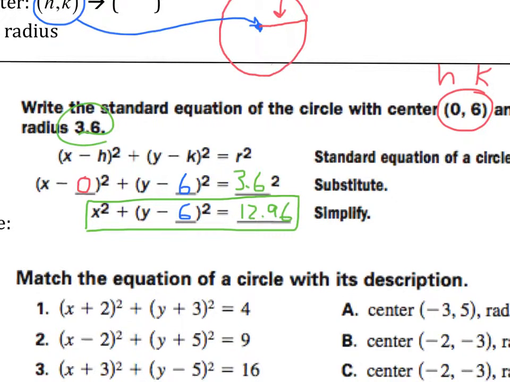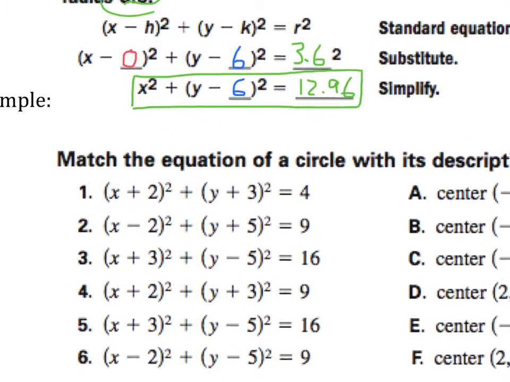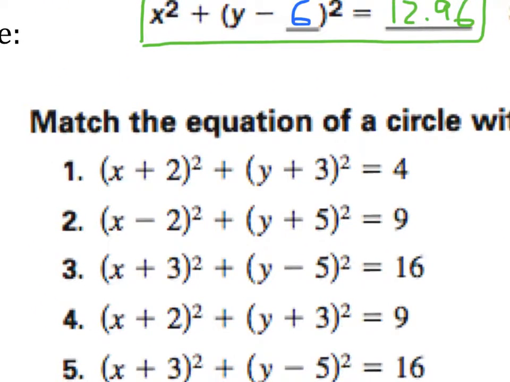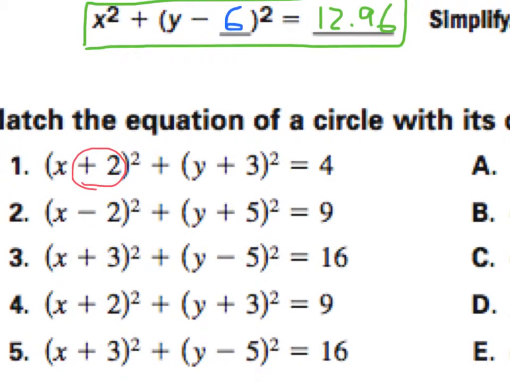So looking at number 1 down below, we want to match the equation of the circle. But notice here, remember the shortcut. We take the opposite of what I see inside. So that means the h value of my center is negative 2. The opposite of what I see here, I see a positive 3. The opposite is negative 3, so that's my k value.